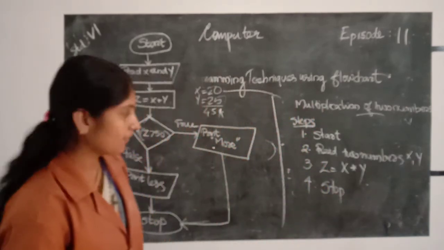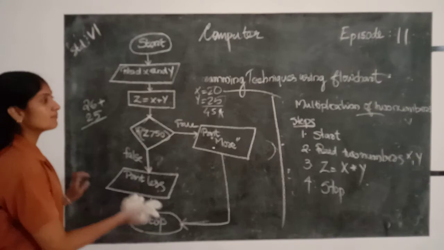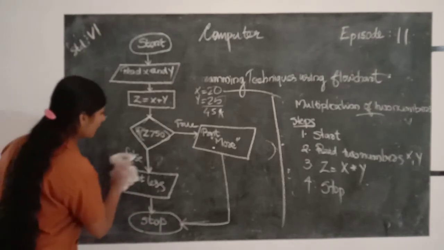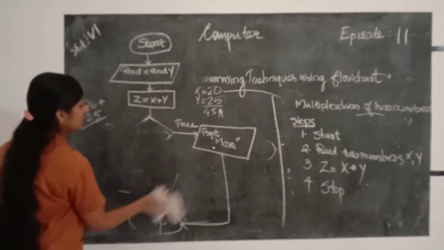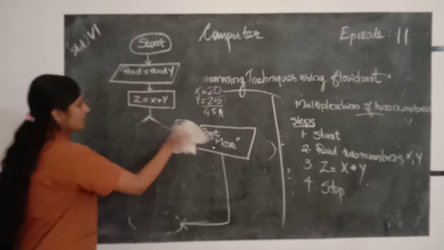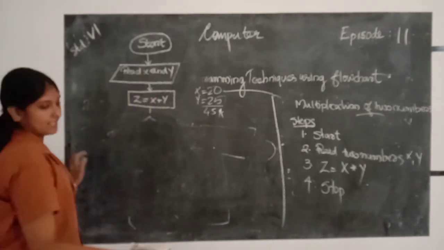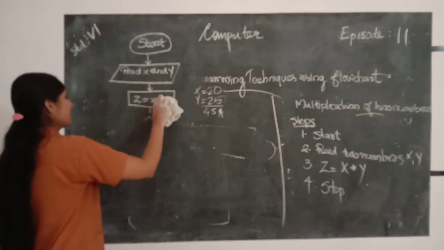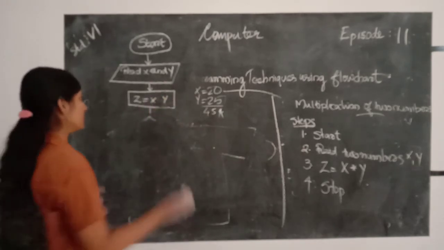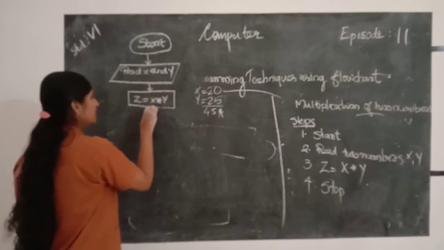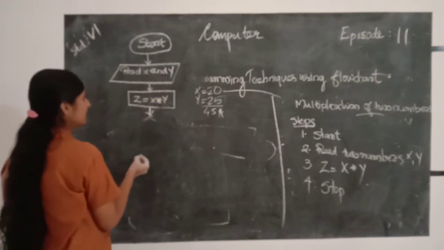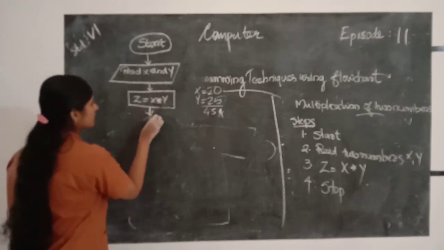Okay. So draw a flowchart based on this question. So how will the flowchart be? So here there is a slight difference. Here we can replace plus with into, and then next, stop.